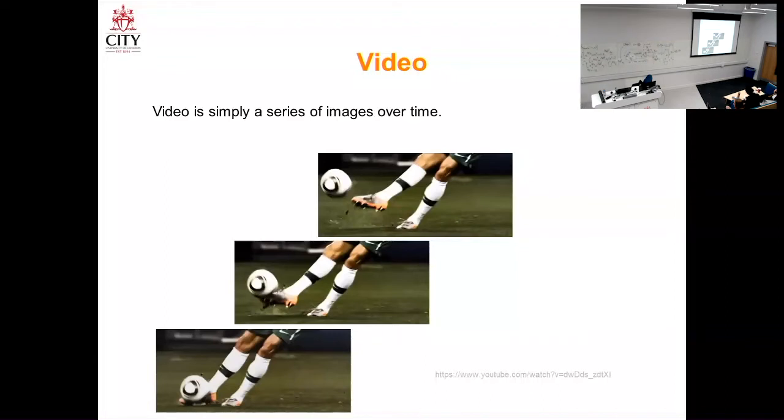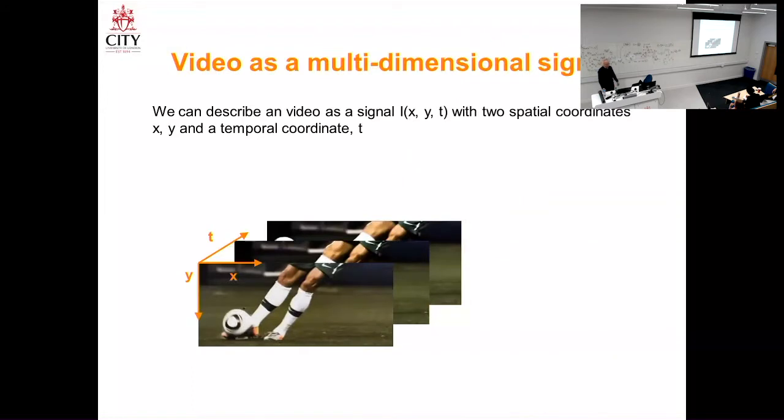So maybe my first frame is down here, the person's kicking the football, and as we go through time, there's some motion that's happening in the sequence. So if you think about it in mathematical terms, what we're doing essentially is adding a 3rd dimension corresponding to time. So this lecture feeds very naturally off of last week's lecture when we were talking about 3D.